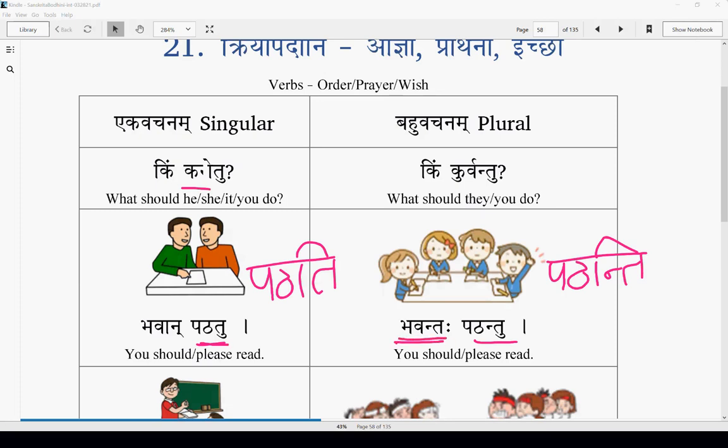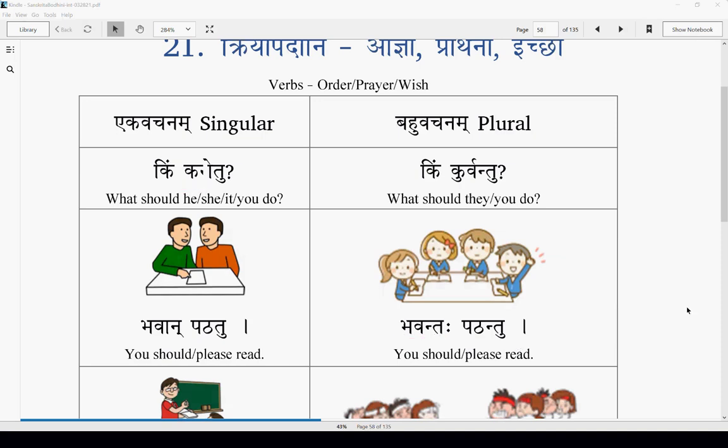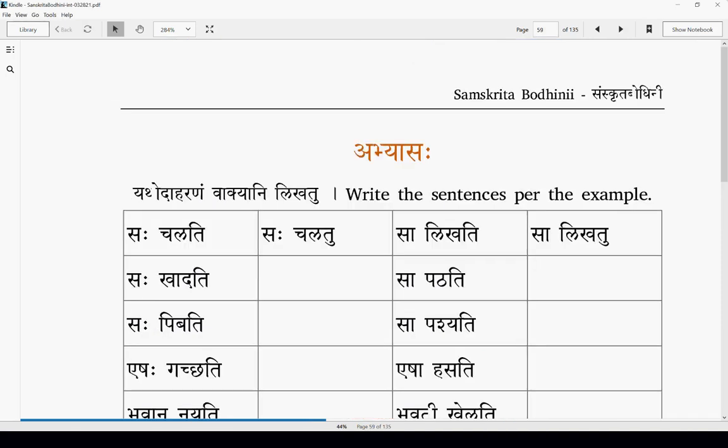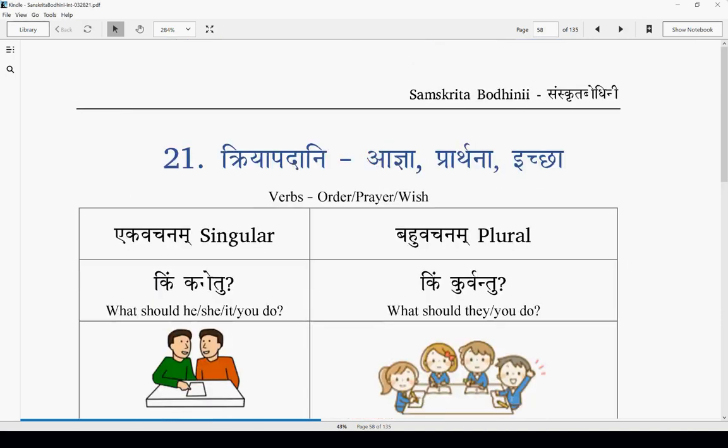And if there are many of you, then it becomes bhavantaha. But the main thing, our study topic here, is lot lakara. So the lot lakara form becomes pathantu here. In Vartamana Kala it is pathanti. In lot lakara, it is pathantu. So this should be simple again to understand.